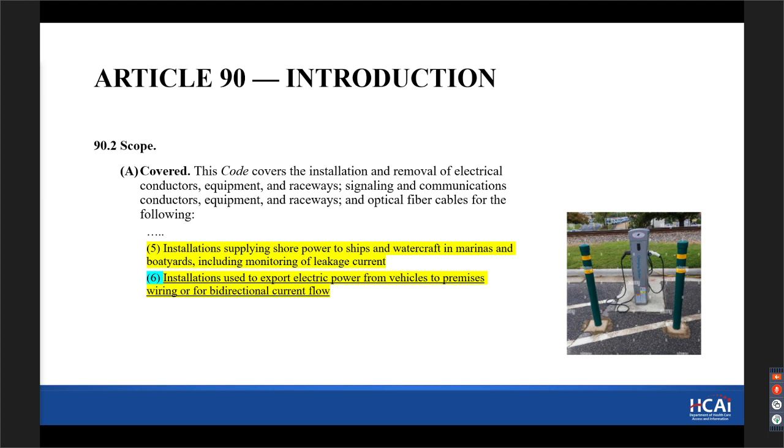This code is not intended as a design specification or an instruction manual for untrained persons. So here at HCAI, we're here to help. Sometimes we're asked to help with the design and we'll give our opinions, but really we're here as an enforcement agency. And our goal is to be consistent with our enforcement, be appropriate with our enforcement of the code. And so we're starting these seminars to share our approach.